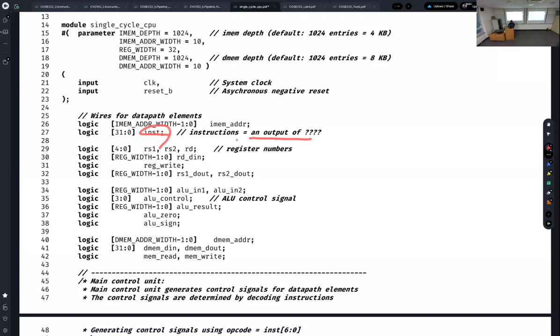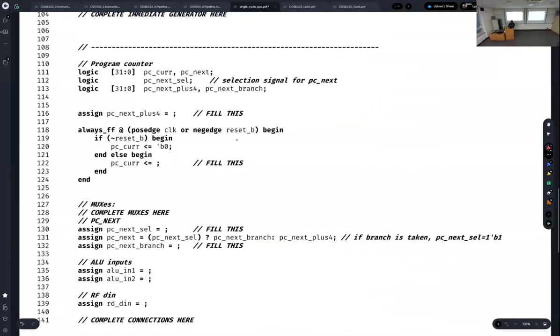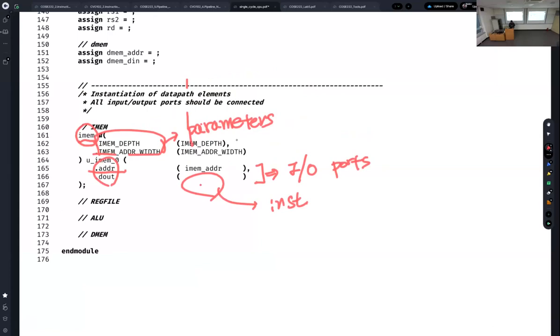I just declared some signals or variables for this single cycle processor, and for instantiation, you can just connect the signals to the ports of the data path element. You can just declare the register file, ALU, and data memory like the instruction memory.